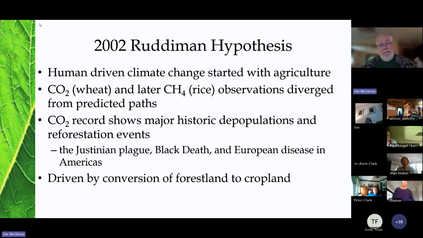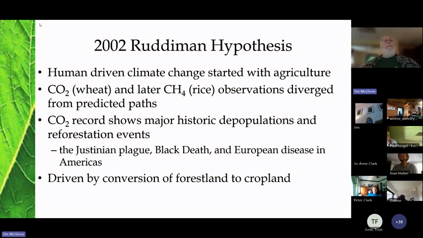And when he started bringing the model forward into the Holocene, which we are now in, he noticed that about 11,000 years ago, the predicted value of carbon dioxide from that model and the observed value of carbon dioxide started to diverge. And about 3,000 years ago, the same thing happened for methane.